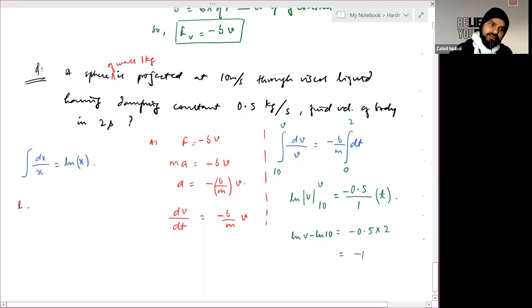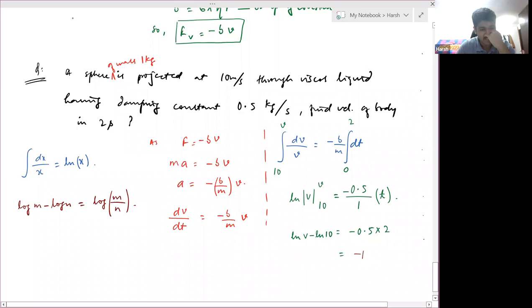Let me define, you must have learned that log m minus log n equals log of m by n. Do you know this property? No, sir, we didn't learn this.